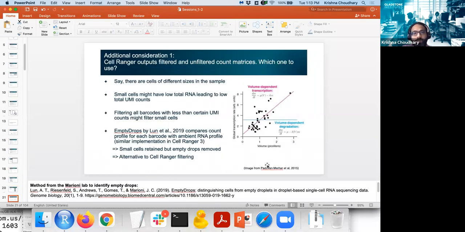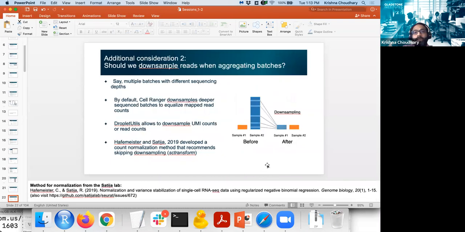I also pointed out some of the considerations when you are doing pre-processing, such as filtering or not filtering of count matrices. If you are running Cell Ranger for pre-processing, it will output both. Depending on what tools you choose in later steps of analysis, you may want to work with the filtered versus unfiltered matrix.